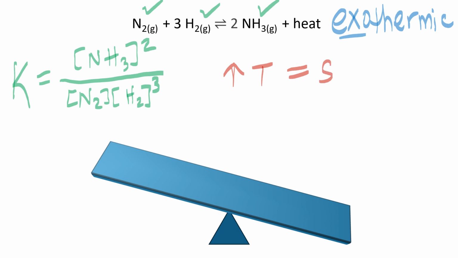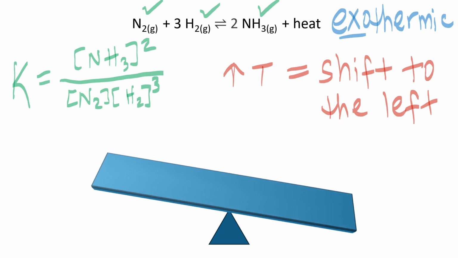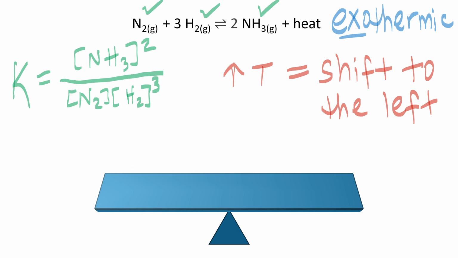So by increasing the temperature of an exothermic reaction, it's going to cause a shift to the left towards the reactants. So any exothermic reaction that is at equilibrium, increasing the temperature causes it to produce more of the original reactants. Of course, if we looked at decreasing the temperature, then we're going to see the opposite. So again, the temperature increase causes a change in our seesaw, and to bring it back to equilibrium, it shifts back to the left.